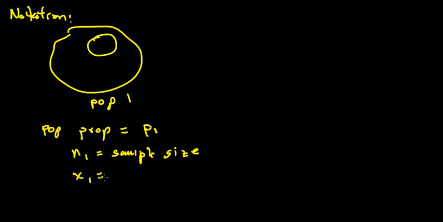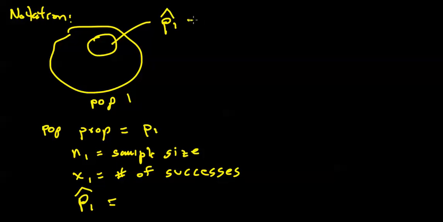X sub 1 is going to be the number of successes, or the raw count of successes in your particular sample. Now P1 hat, not P1, but P1 hat is going to be the sample proportion with that desired characteristic of interest as drawn from the sample in population 1.